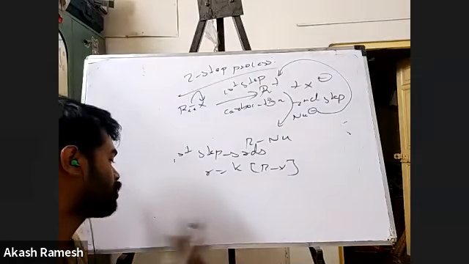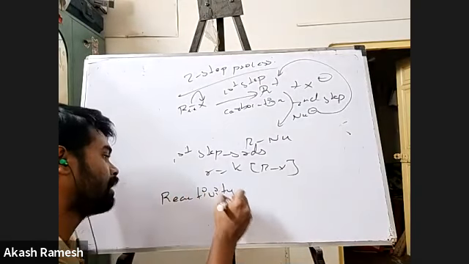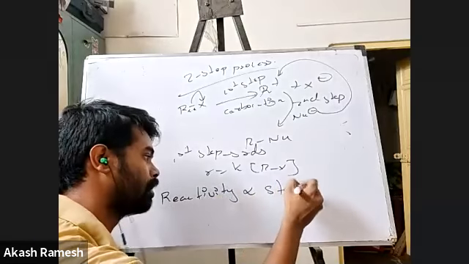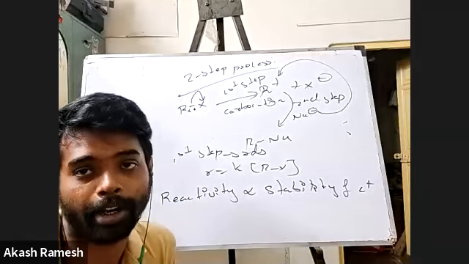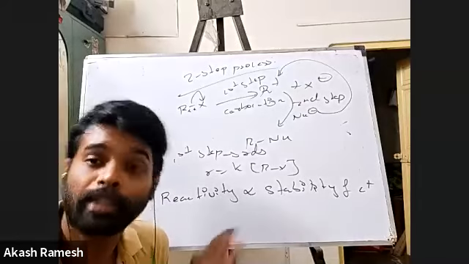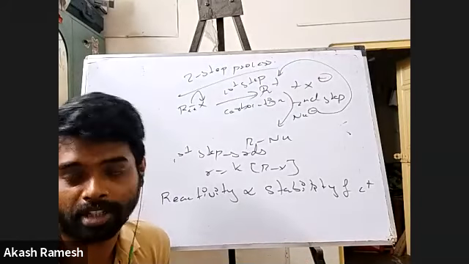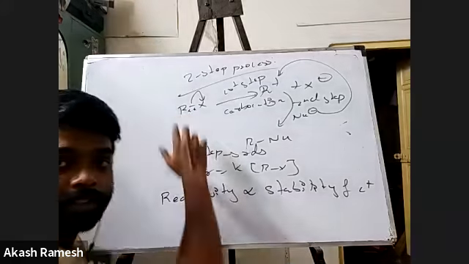So in this case, the reactivity is directly proportional to the stability of the carbocation. C plus represents carbocation. The more stable the carbocation formed, the more will be the reactivity of this substrate RX.